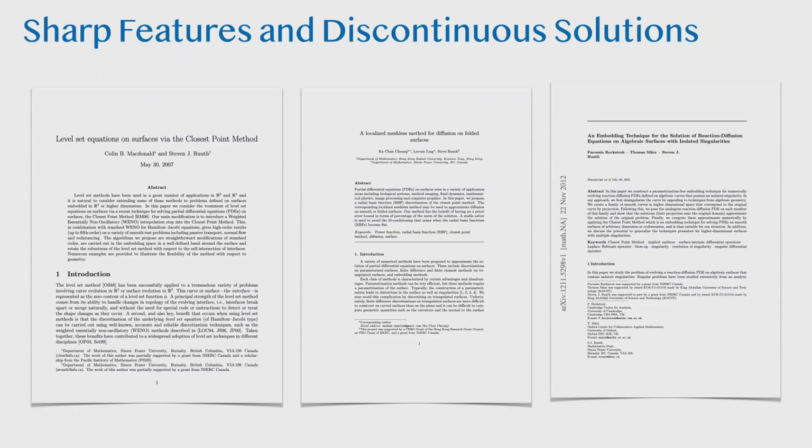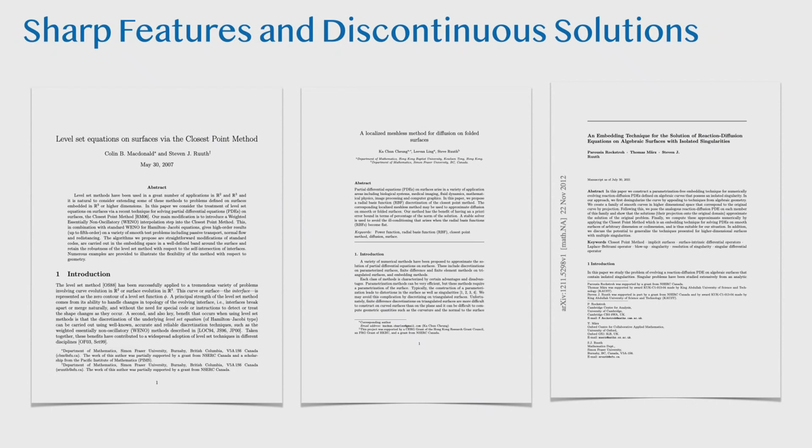Okay, and another interesting problem is how to handle sharp features and discontinuous solutions. The closest point method theory is based around having smooth manifolds and smooth solutions. Convergence order does degrade, like I mentioned before, when either of these aren't satisfied. The first paper on the left used WENO interpolation to reduce the effects of the sharp features and discontinuous solutions.